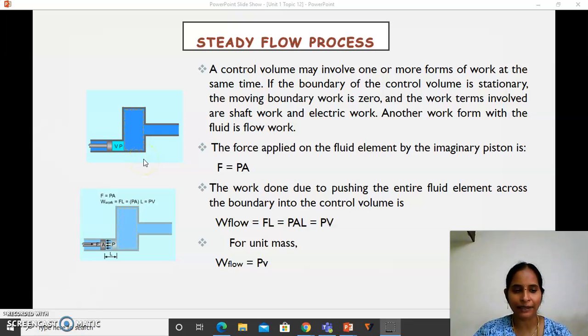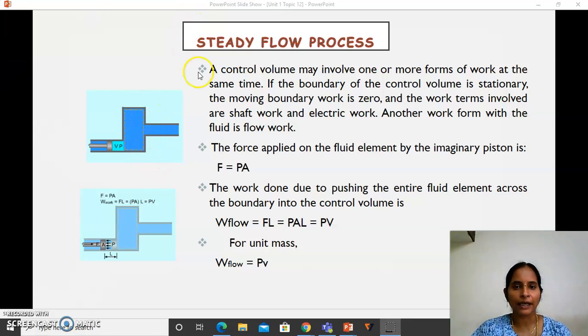What is the difference between boundary and control surface? The control surface cannot move from its place. That is, you are viewing what happens to the fluid in this rectangular area. That is our purpose. You are analyzing this rectangle, right?